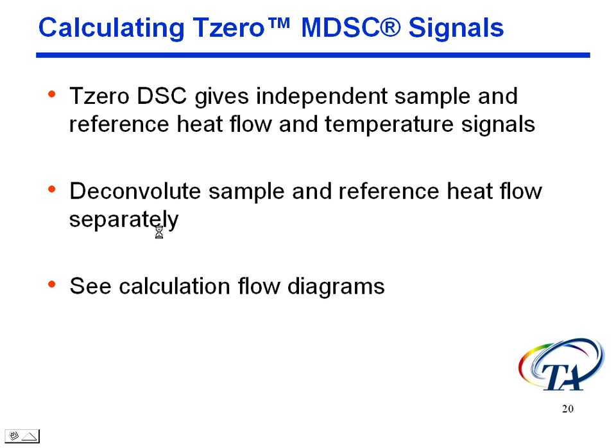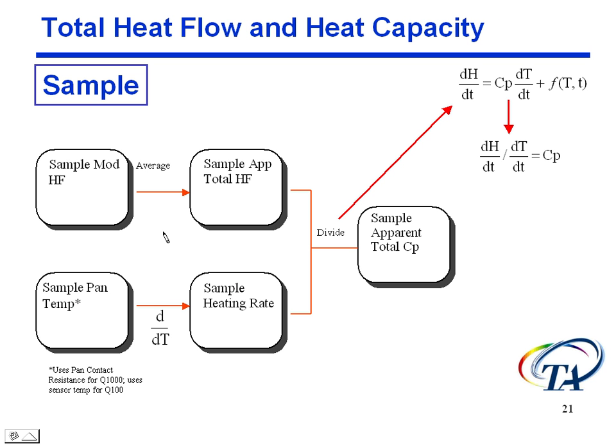Now let's look at some of these calculation flow diagrams. First, we're going to start with the sample side and calculate total heat flow and heat capacity. First, we take the sample modulated heat flow, the average value of that, to get our sample apparent total heat flow.